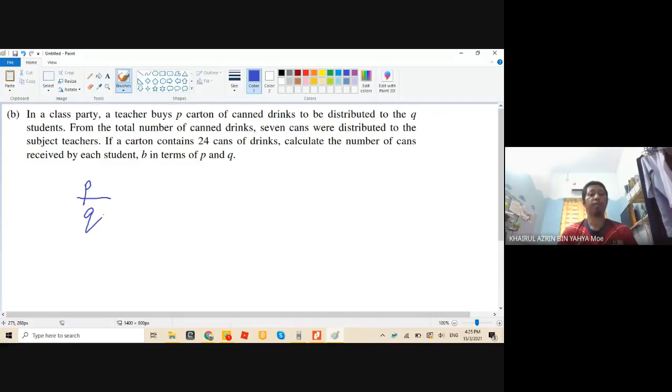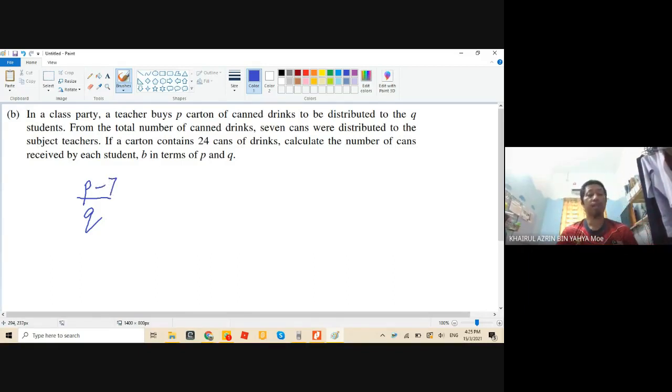Okay, but we know a teacher buys P number of cartons of canned drinks to be distributed to the Q students. From the total number of canned drinks, 7 cans were distributed to the subject teachers, so 7 drinks given to the teacher. So meaning we need to minus 7.